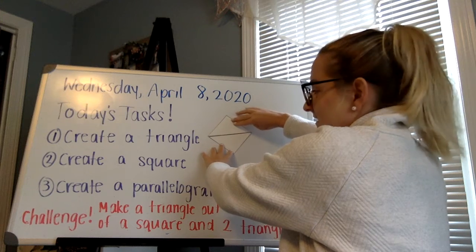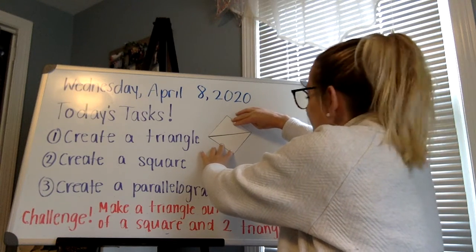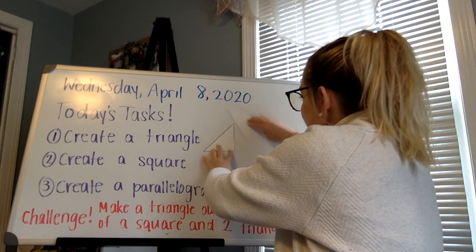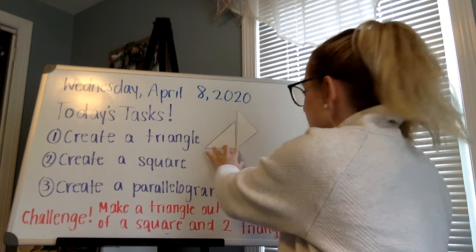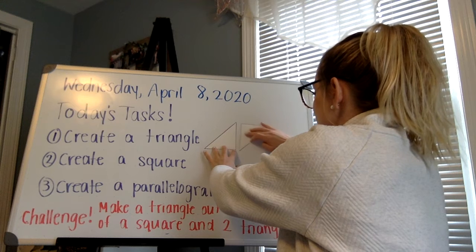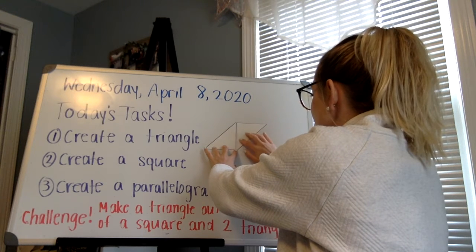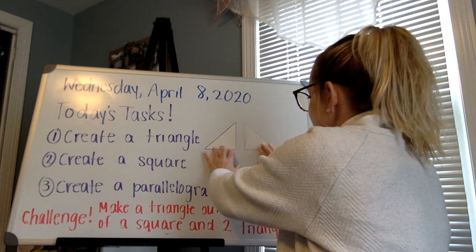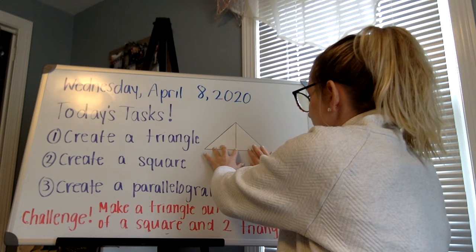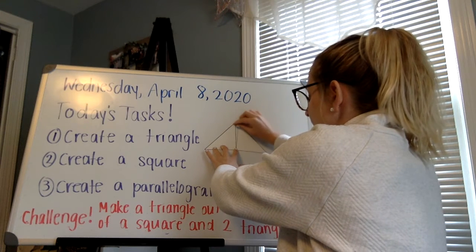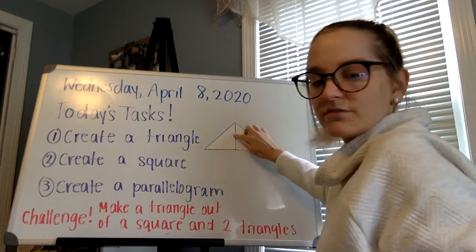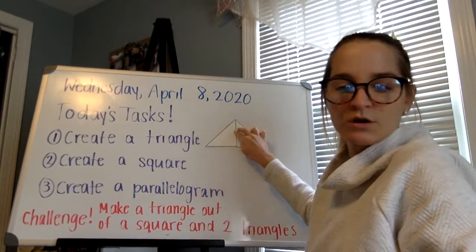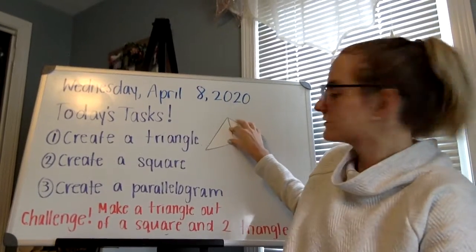This way, well, that's just a square. Let's see, maybe if I go this way. No, but it looks like I'm kind of close, so I'm gonna maybe go this way. Nope. Maybe if I keep turning it. Oh, look. I just made a triangle out of 2 triangles.